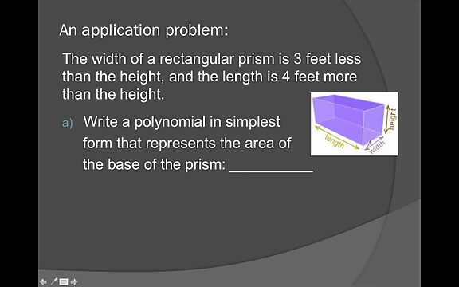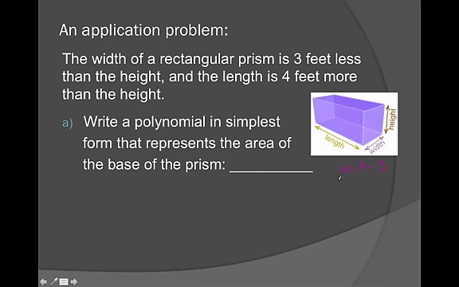Well, the base of the prism, of course, is going to be length times width. And so I need to figure out what my width is going to be. And it tells me that my width is 3 feet less than the height. So I've got my width equal to height minus 3 feet. That's what it tells me. Height, it's 3 feet less.